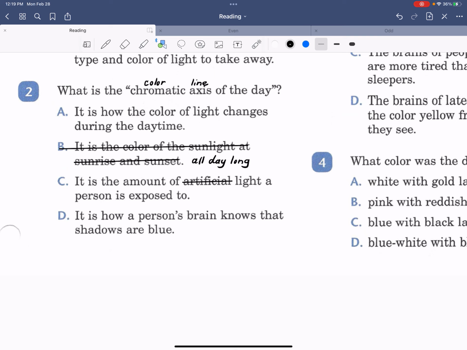No, it's the amount of sunlight a person is exposed to, or it's related to sunlight. It's how a person's brain knows that shadows are blue. That may or may not be true, but we're talking about daylight, not shadows in particular. So I'm going to go with A. It is how the color of light changes during the daytime.